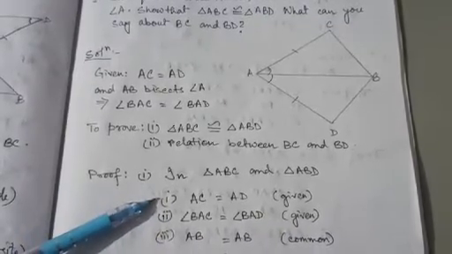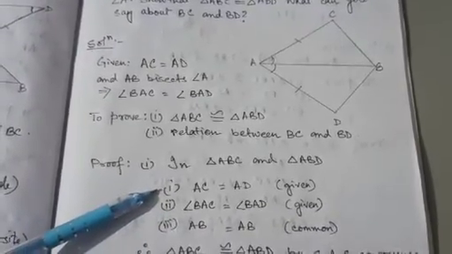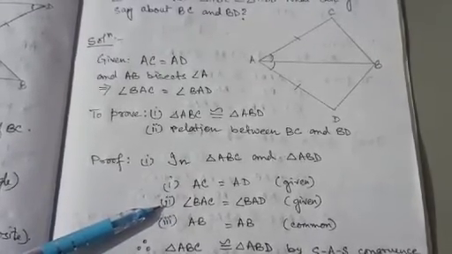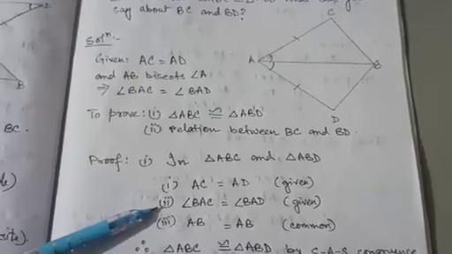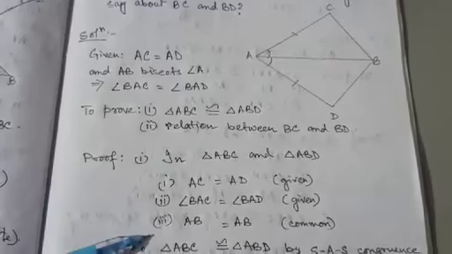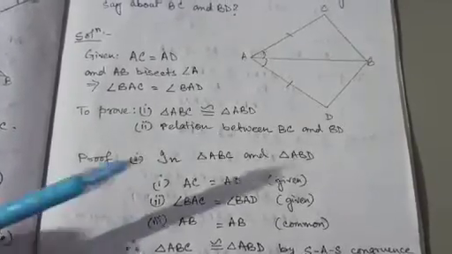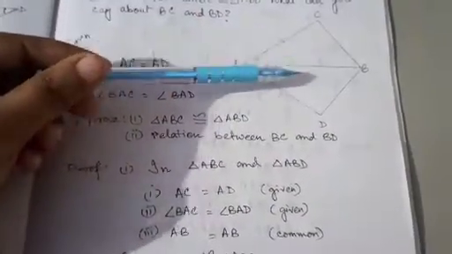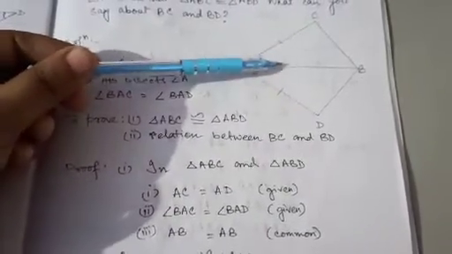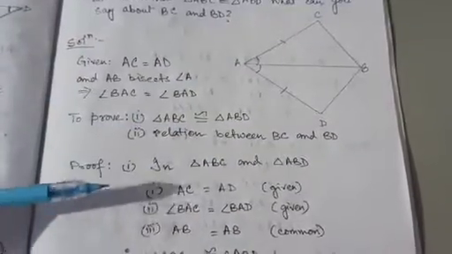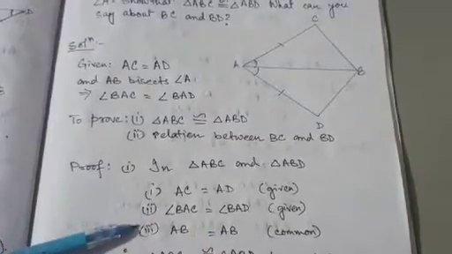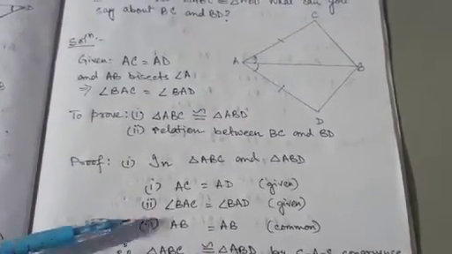First equality is AC is equal to BD, that is already provided. Second equality is angle BAC is equal to angle BAD, that is also given in our question. And third equality is AB is equal to AB. Both the triangles ABC and ABD have AB as the common side. So these three points fulfill our congruency.